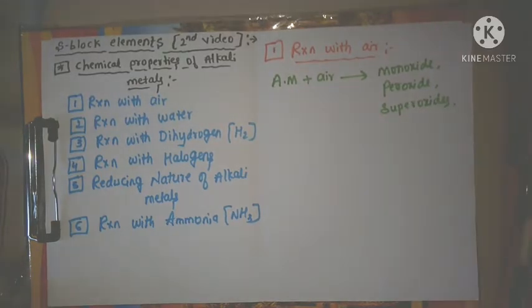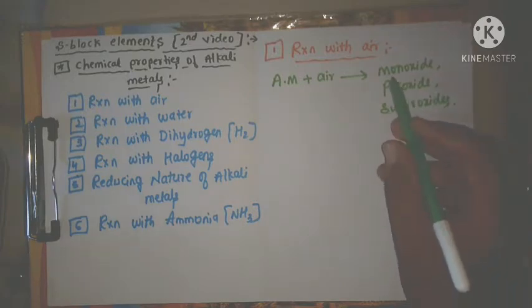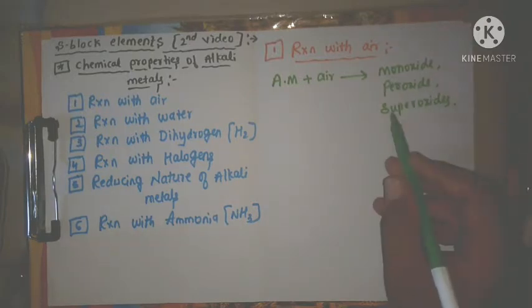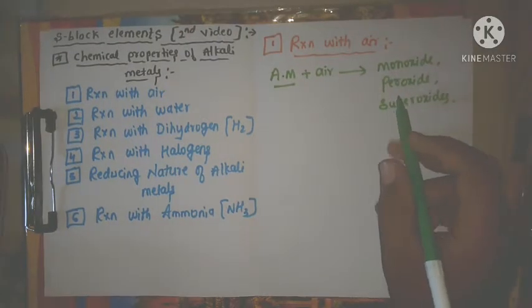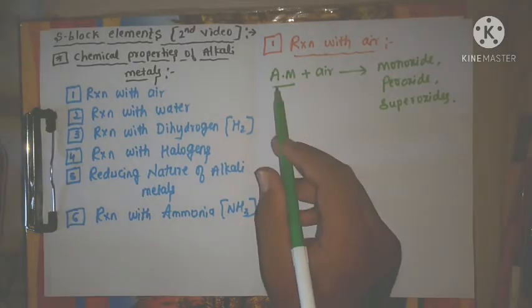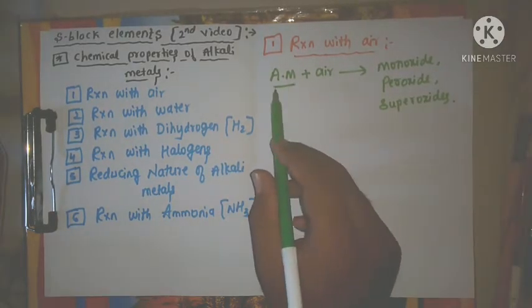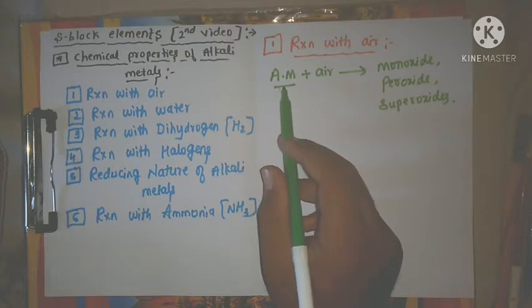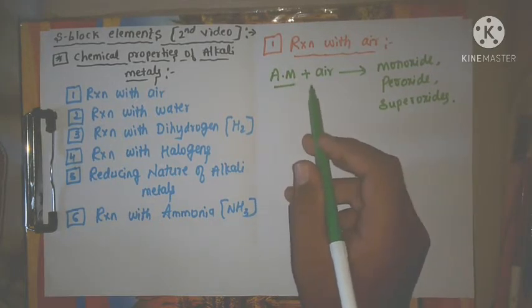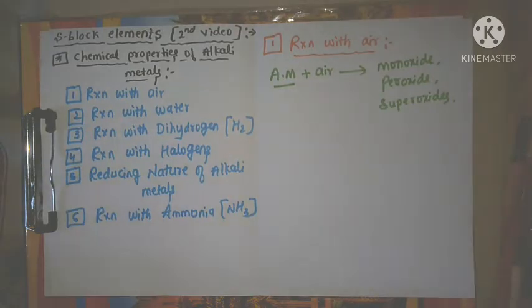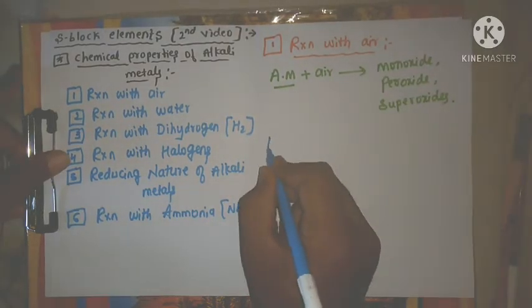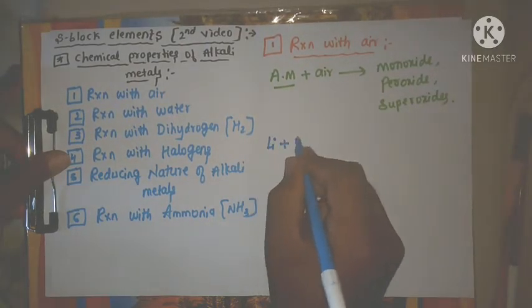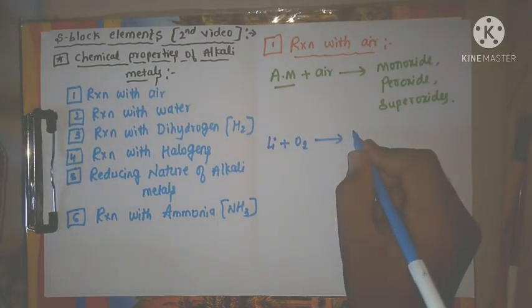It can form monoxide, it can form peroxide, it can form superoxide. That depends upon the alkali metal used: lithium, sodium, potassium, rubidium, cesium.